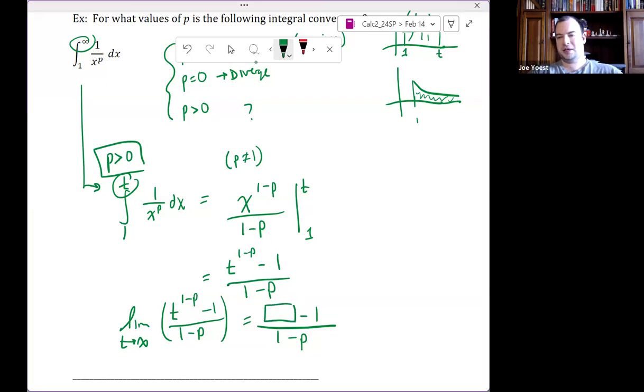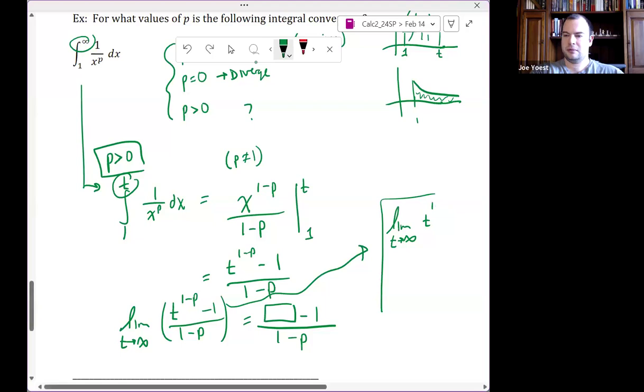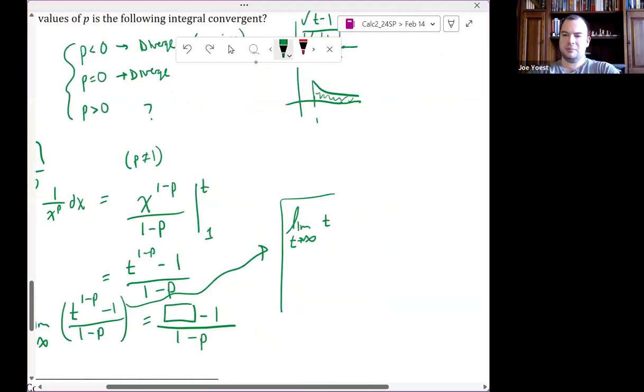And really, I'm interested in, let me just come off to the side here, t to the 1 minus p. The limit of that as t goes to infinity, as the base goes to infinity for a given power. Let me just call this power k. Here I'm just using k equals 1 minus p.